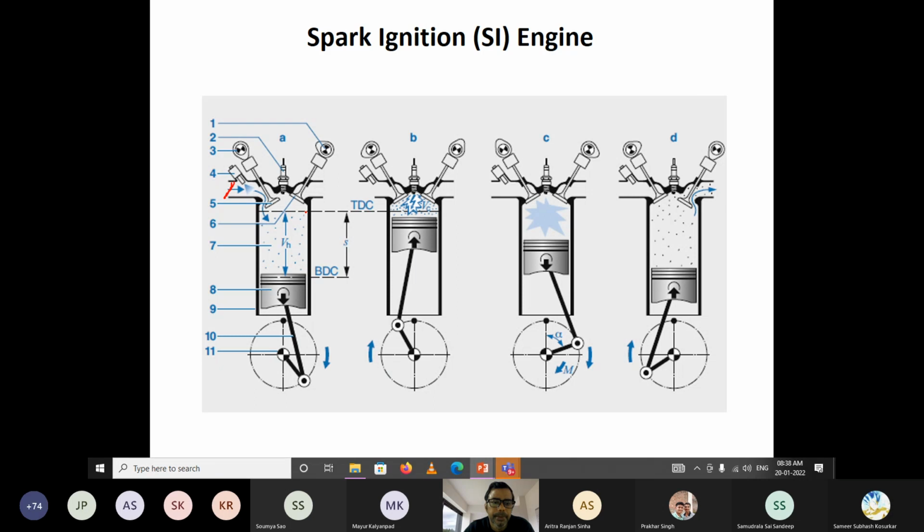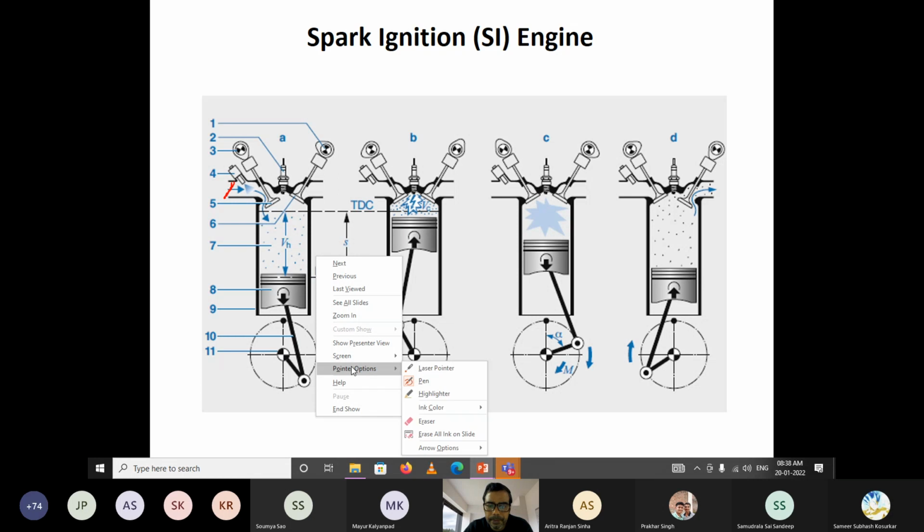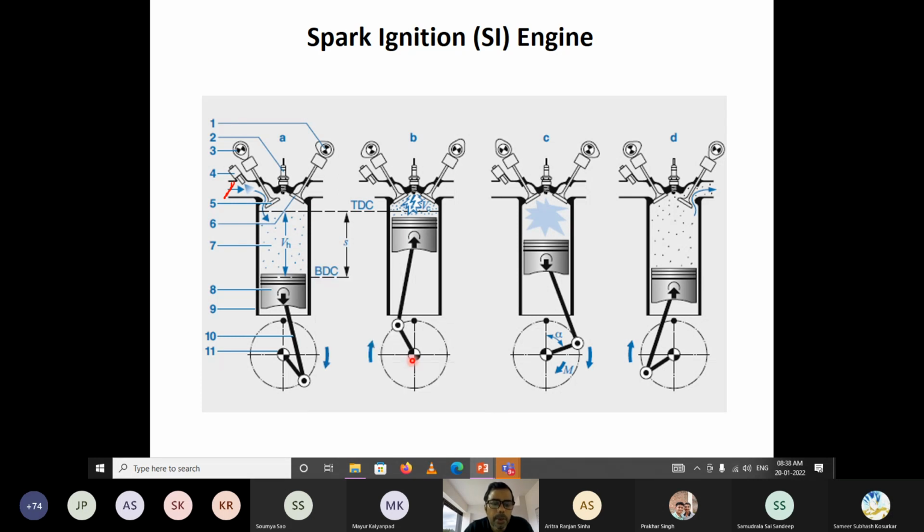The piston moves during the intake stroke from the top dead center to the bottom dead center. At that time your intake valve is open, and fuel and air come into the combustion chamber.